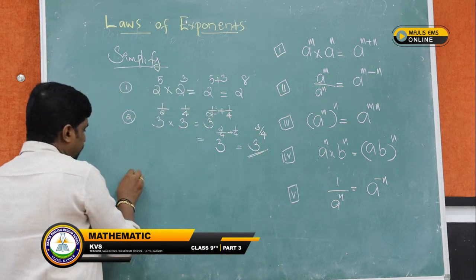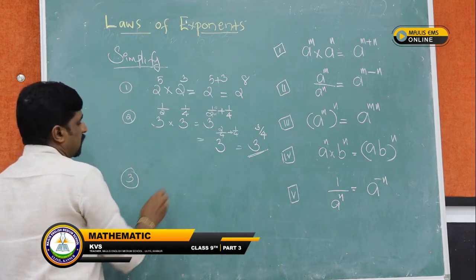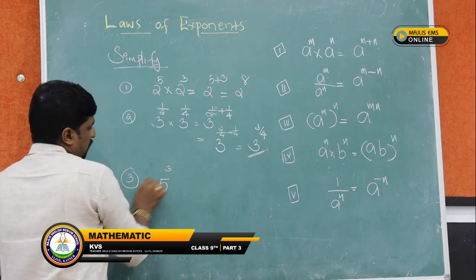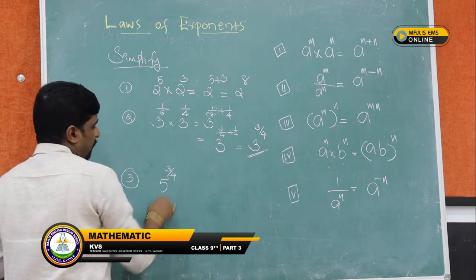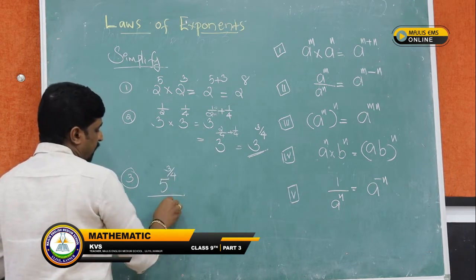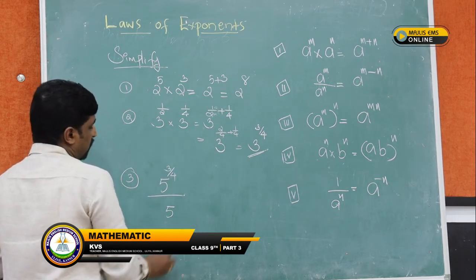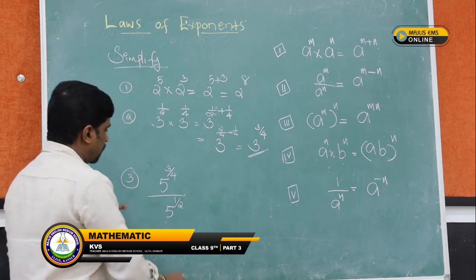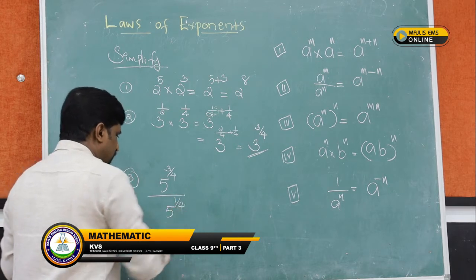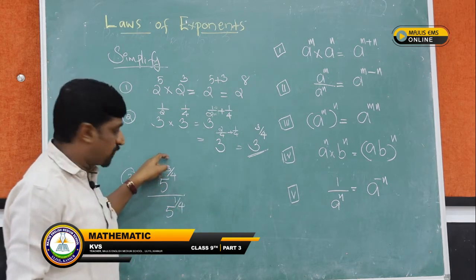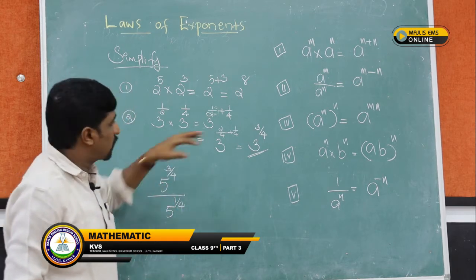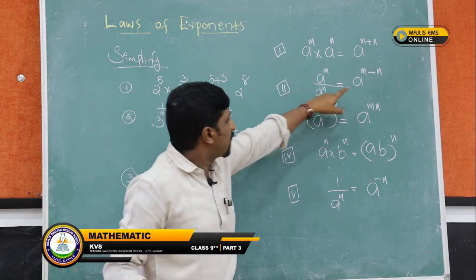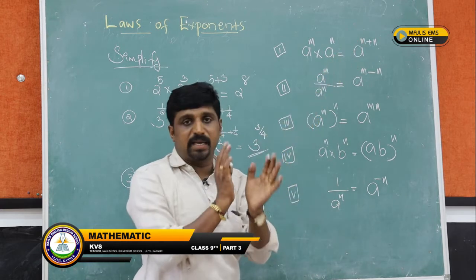Okay, then 5 raised to 3 by 4 divided by 5 raised to 1 by 4. Okay, 5 raised to 3 by 4 by 5 raised to 1 by 4. Here we can use the second one, a raised to m by a raised to n, that form, that is a raised to m minus n.